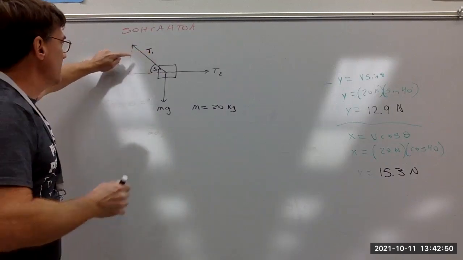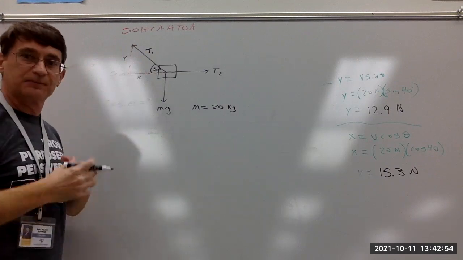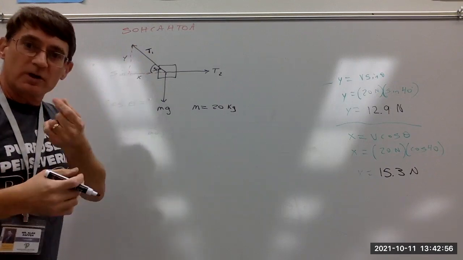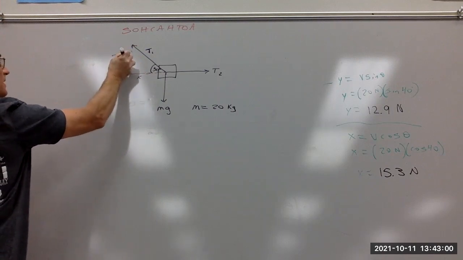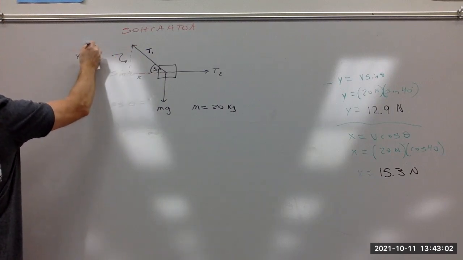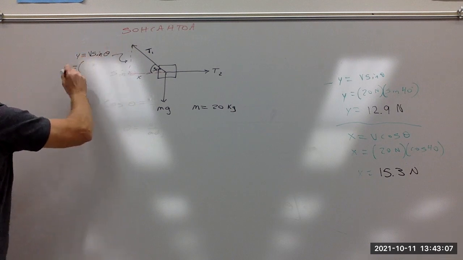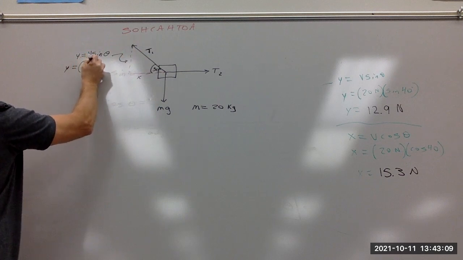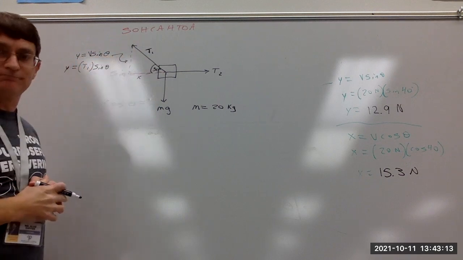Okay, so for T1, I want to know how much of it's pointing in the Y and how much is in the X. Just like before, we already know the equations. For the Y, the Y component is going to be V sine theta. The vector is T1 times sine of theta. Now that's annoying because I didn't give you T1.